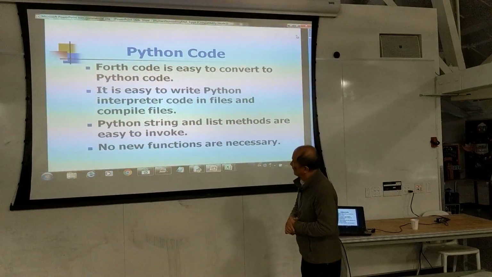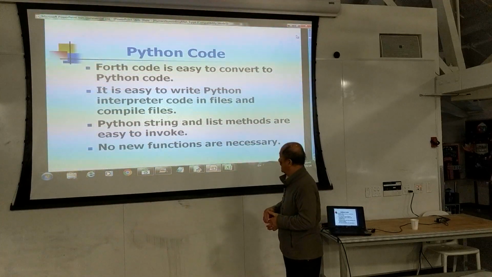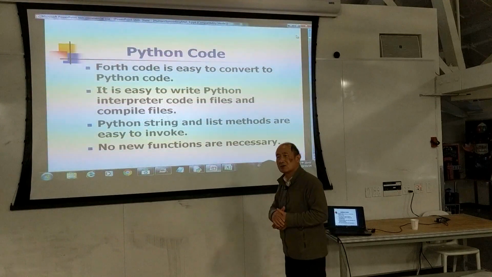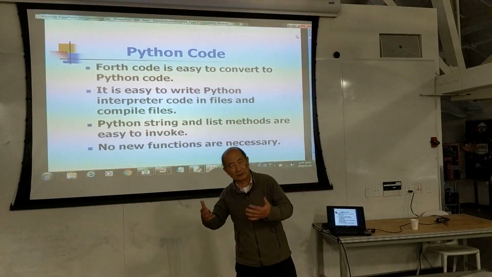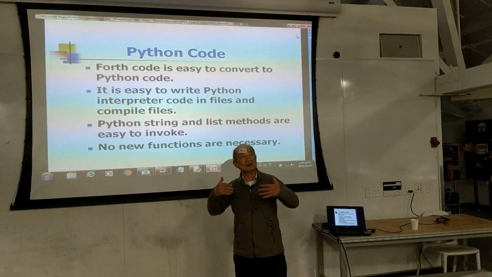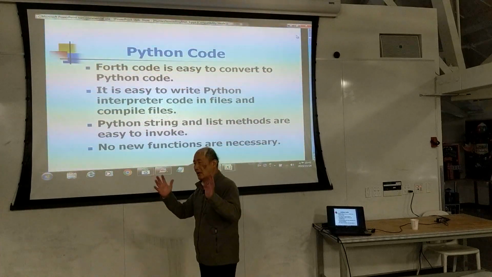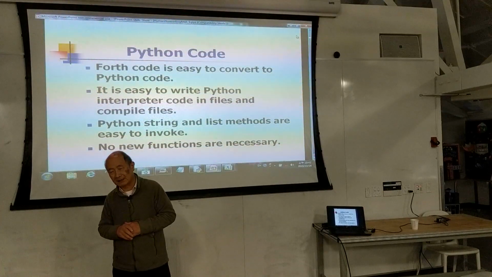And I find one interesting thing is that usually if you do complicated things in Python, you would write new definitions, colon definitions, and all this to make nice subroutines. And I found that it was not necessary.